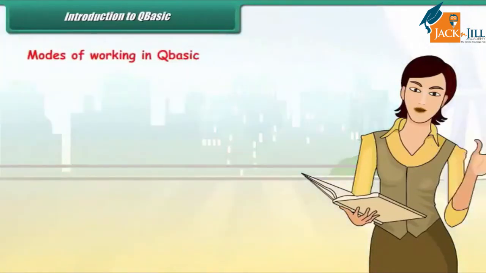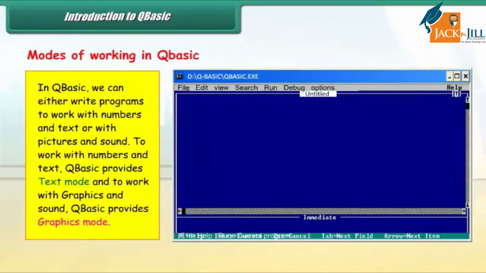Modes of working in Qbasic. In Qbasic, we can either write programs to work with numbers and text or with pictures and sound. To work with numbers and text, Qbasic provides text mode, and to work with graphics and sound, Qbasic provides graphics mode.